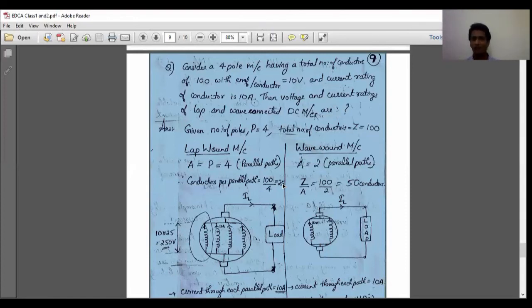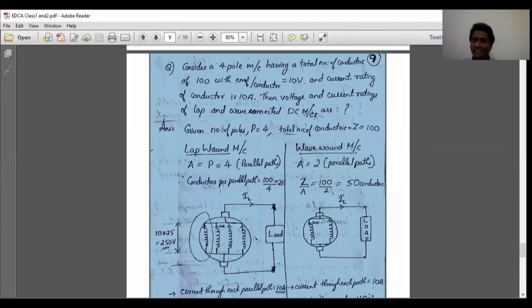So if I have 25 conductors in this parallel path, I have drawn a single winding, but actually there will be 25 such coils or 25 such conductors, and each conductor has a capacity to flow 10 ampere through it.